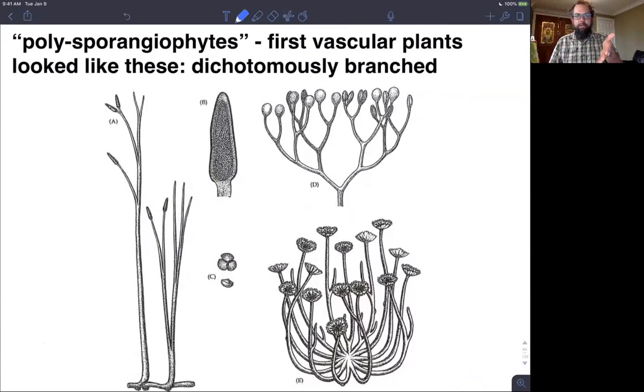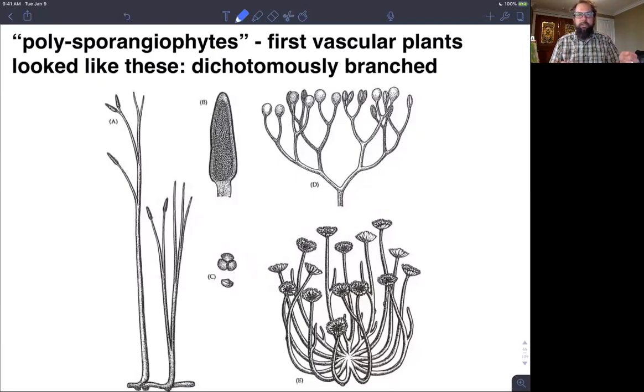Those first vascular plants probably looked a lot like these, with a dichotomously branching axis that didn't really have leaves associated with it. It was probably photosynthetic, similar to a hornwort sporophyte, but didn't have much surface area for photosynthesis.